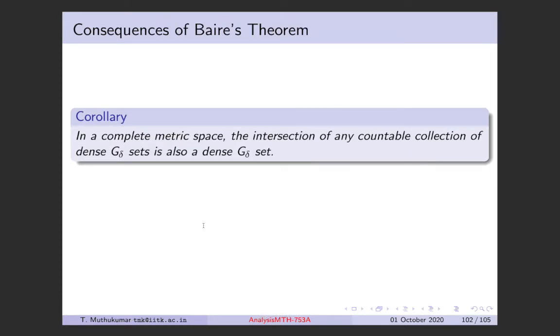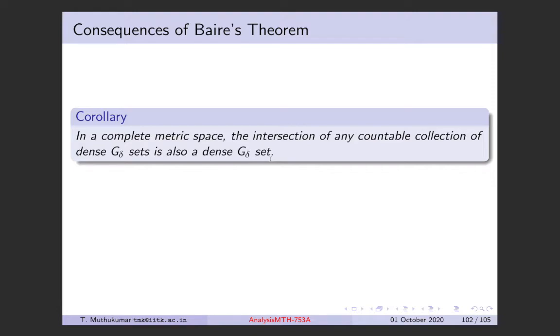Now, another consequence of the Baire category theorem is this: in a complete metric space, the intersection of any countable collection of dense G delta sets is also G delta. What is a G delta set? A G delta set is a countable intersection of open sets.